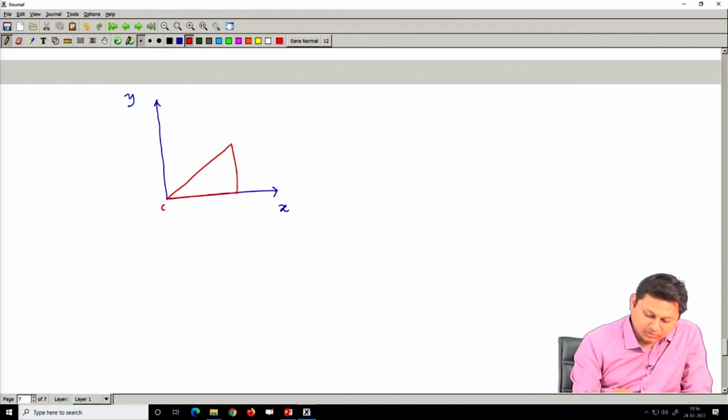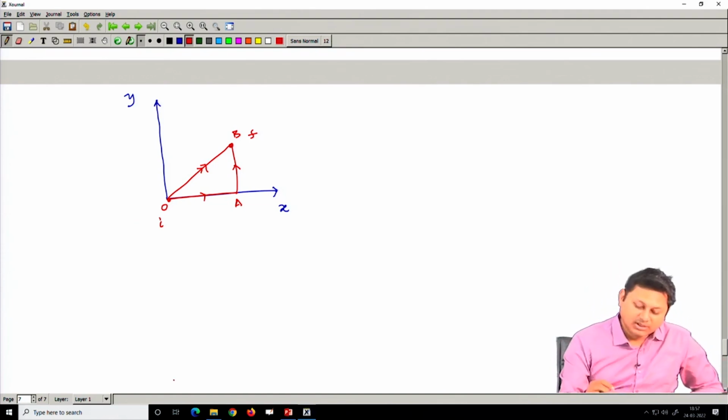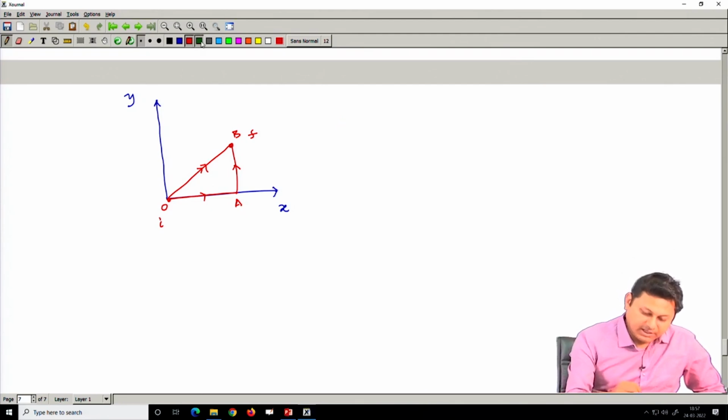If this is O, this is A, B. I am going in one case from O to A and then B. This is my initial point and this is my final point, but I am going in two different paths. A vector field is given, simply A equals x i plus y j.